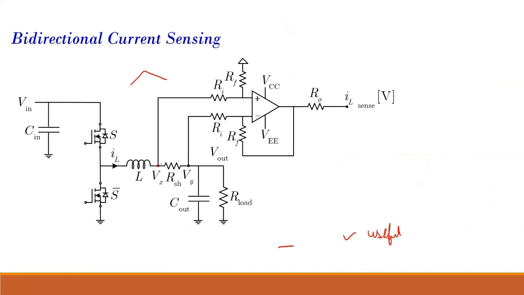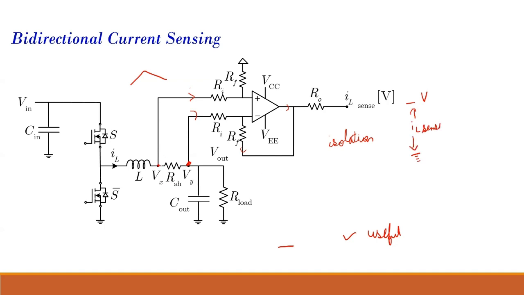See, this information is coming over here and just flowing over here, right? So it is not isolated. Isolation is what? This IL sense is a signal, and it is with respect to this ground.